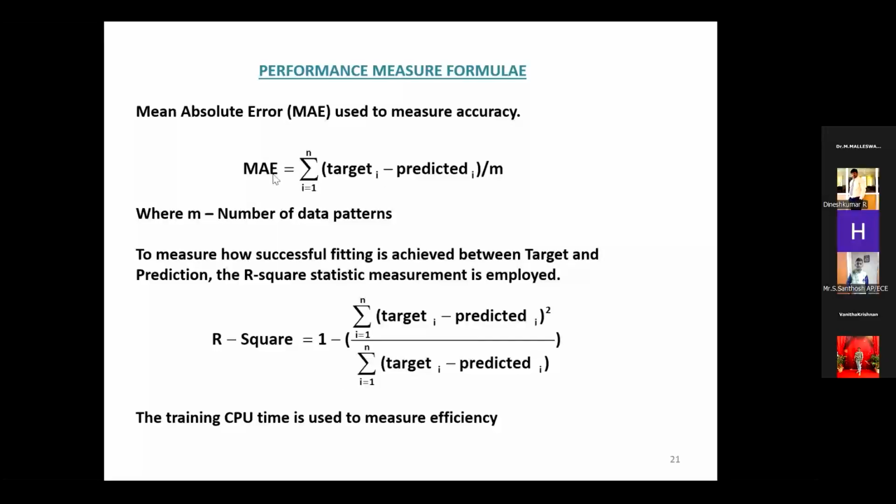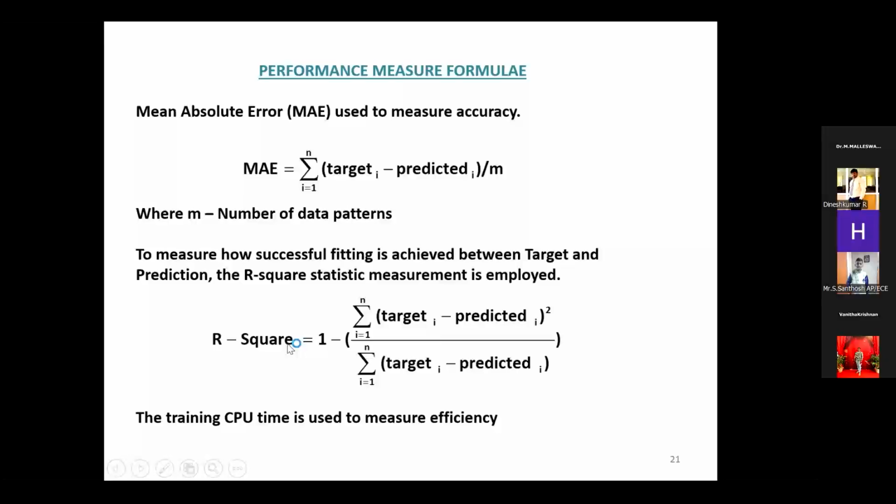Okay, right. Now, to measure how successful the fitting achieved between the target and prediction is, the R square statistic measurement is employed here. R square is equal to 1 minus the summation of (target_i minus predicted_i) squared, divided by the summation over i of 1 to n of (target minus mean) squared.